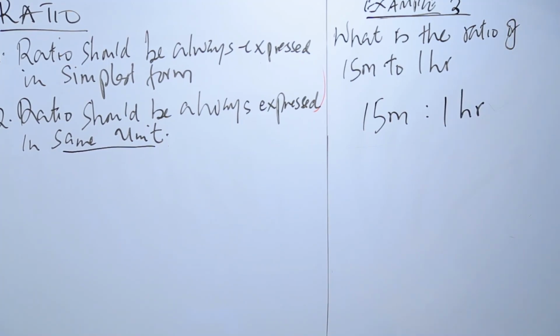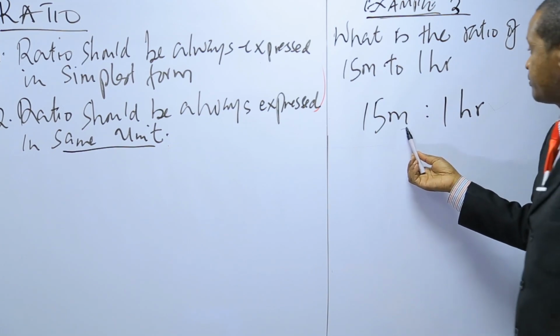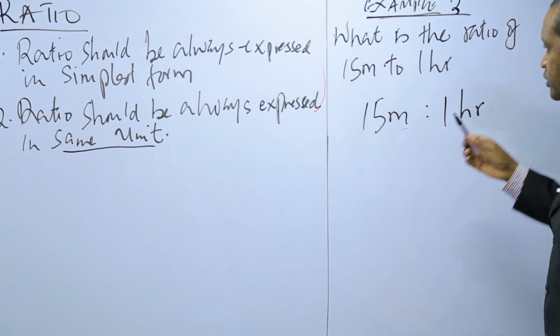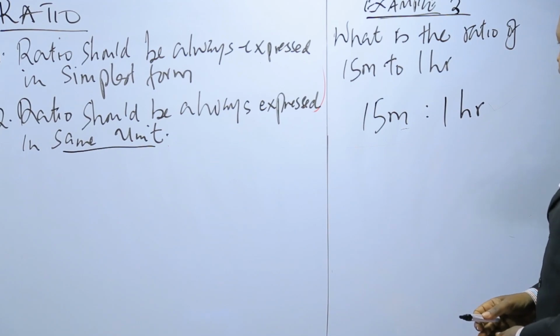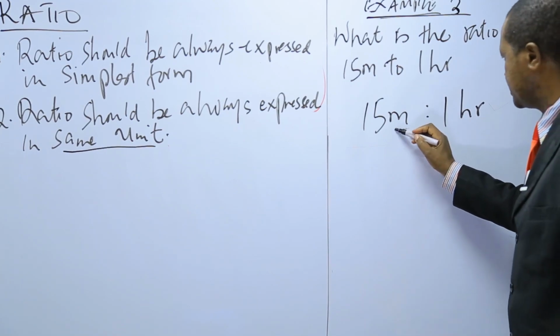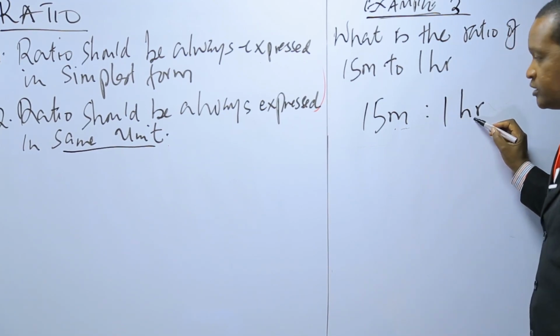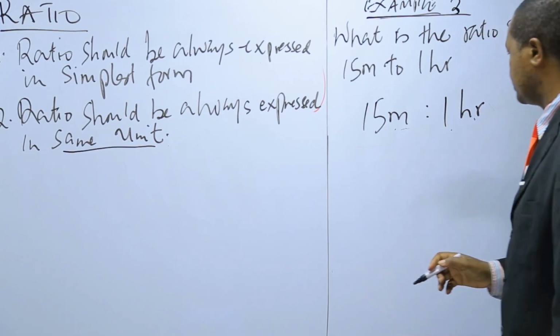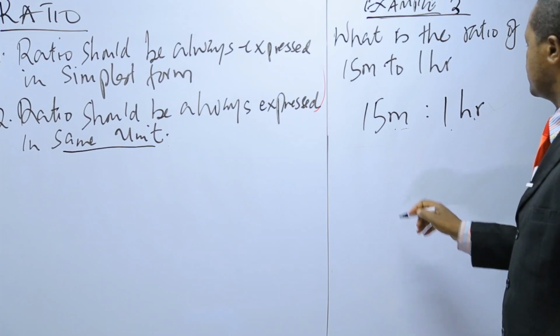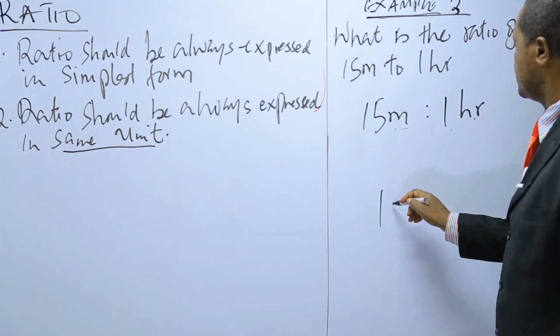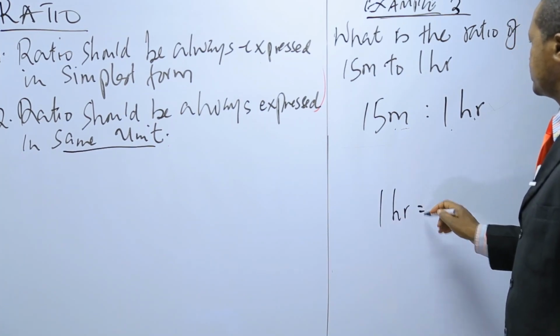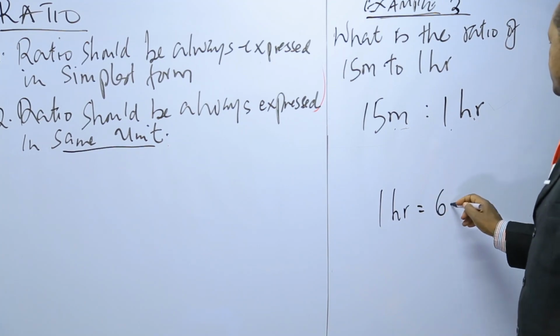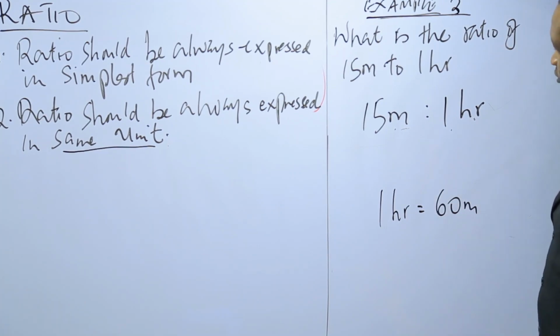All right, you can see the units are not the same. First step, make sure the units are the same. So here we have minutes and hours. So we'll convert this 1 hour to minutes, and we know 1 hour is equal to 60 minutes.